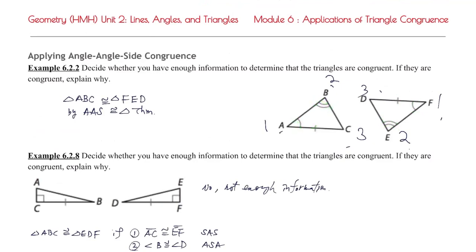So what we can do is label 1, 2, 3: 1 tick mark, 1 arc, 2 arc, no arc, 1 arc, 2 arc, no arc. So I labeled it 1, 2, 3, and then 1, 2, 3. So that's ABC is congruent to FED. You need to be very careful how you set the correspondence, right? They're congruent by the angle, angle, side theorem.